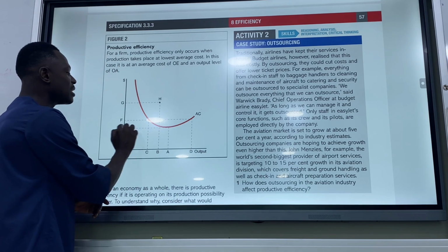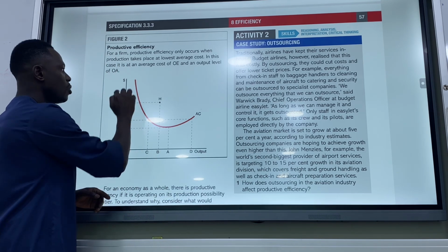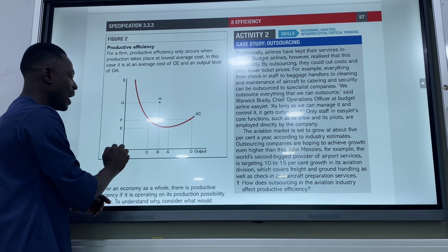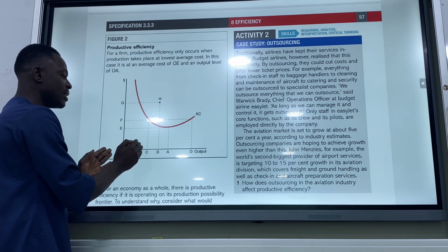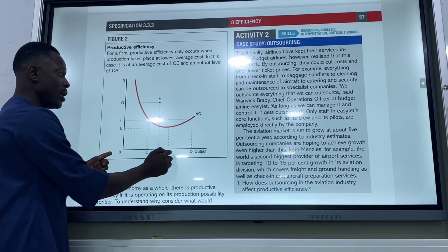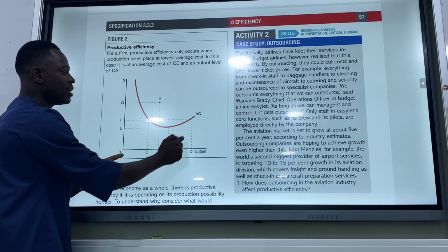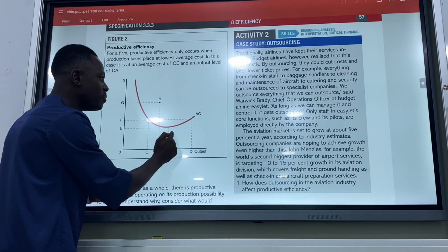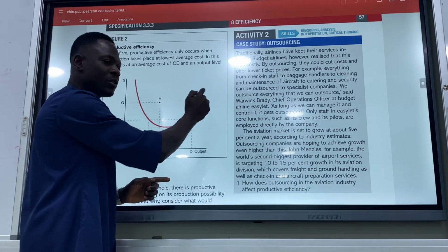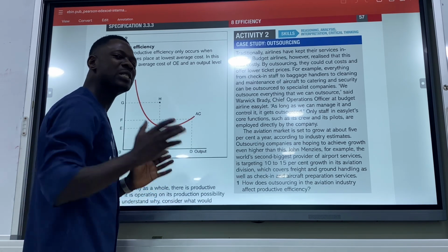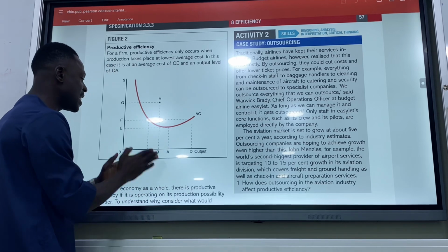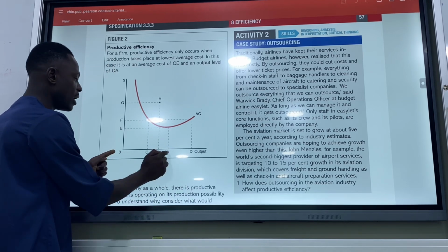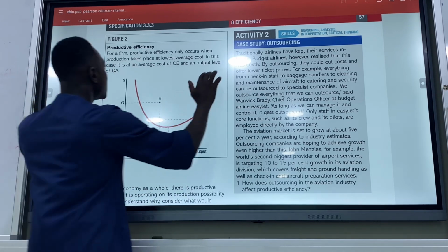This is the lowest possible cost within the industry, and the highest output is at OA, not at OD, because at OD costs will be increasing. Anything more than this point will bring about an increase in the average cost of production, and that is not efficiency. That will bring about inefficiency. So efficiency here is producing at OA at the cost of OE. That is the point they are making there.